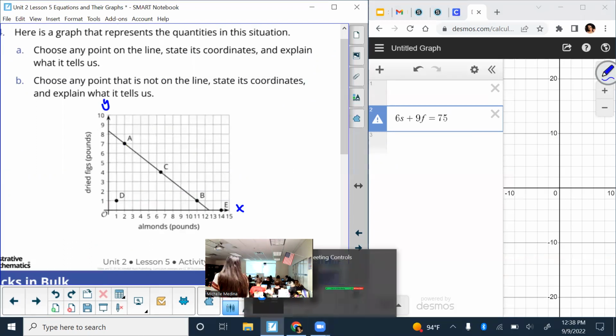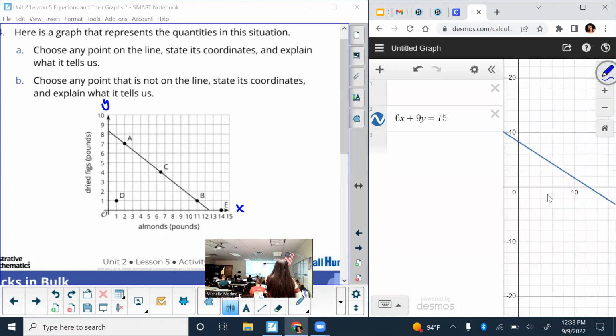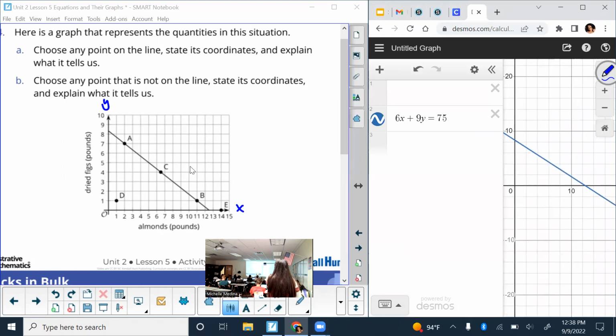So that means the S I can replace with X, because that's what's on my x-axis. And the F I can replace with the Y. And now look, we have a line that is the same as what's printed on our paper. Notice they're only showing you the first quadrant because that's where everything's positive. Question?